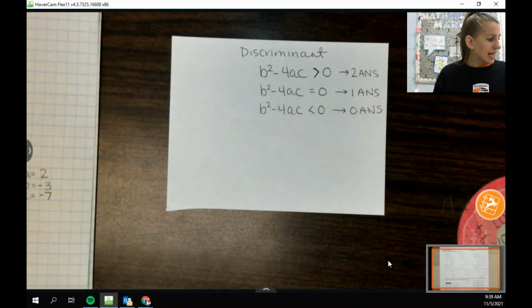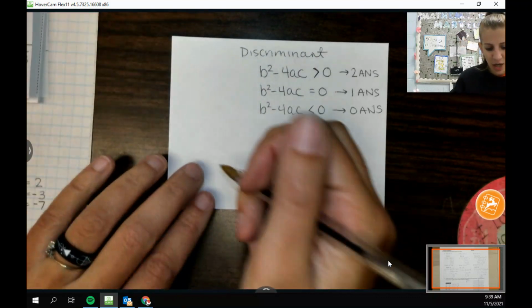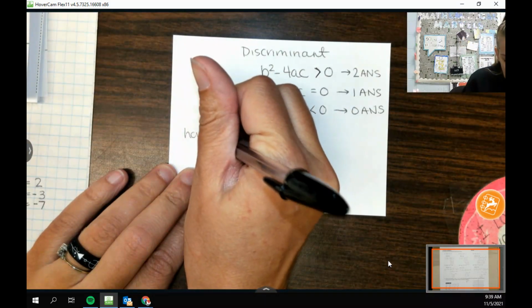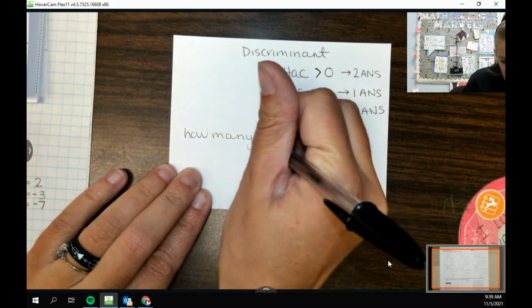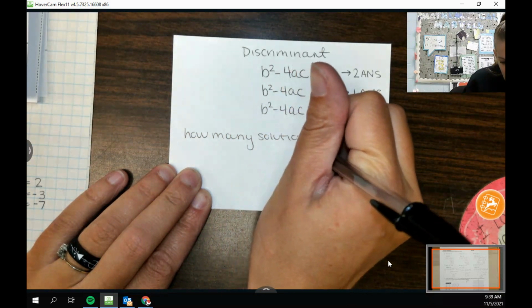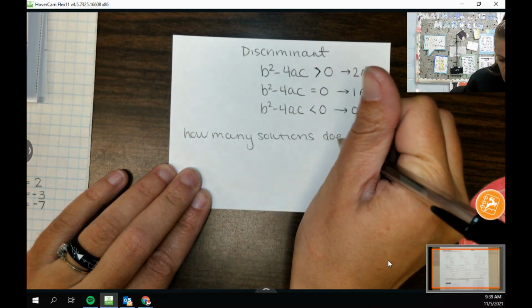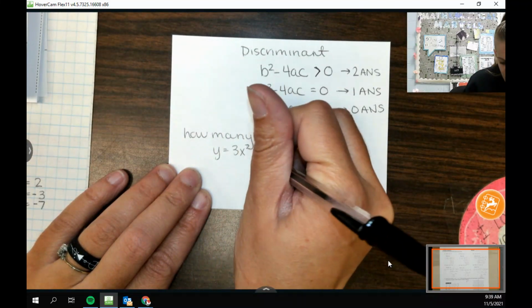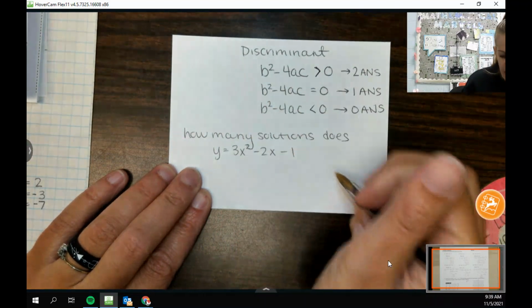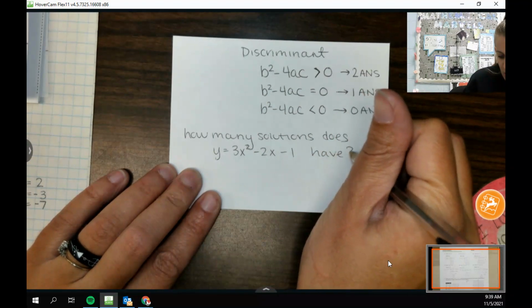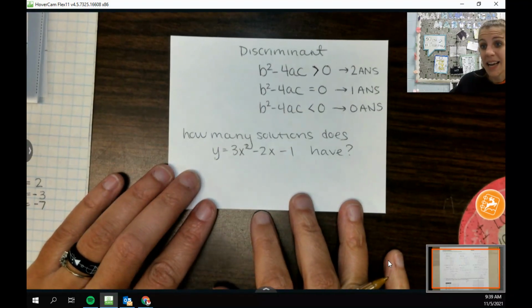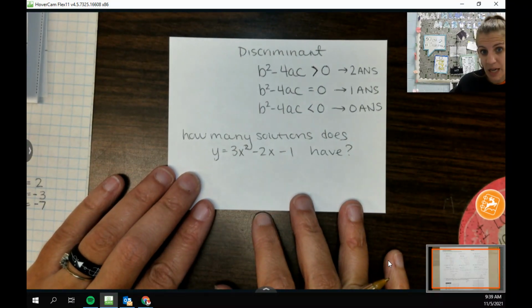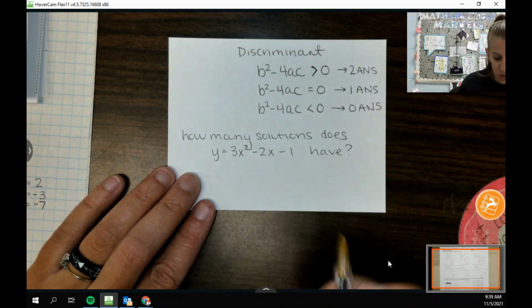And so that can be kind of helpful because if I just want to know how many solutions does y equals 3x squared minus 2x minus 1 have, I don't need to do the full quadratic formula. All I need to do is the discriminant.